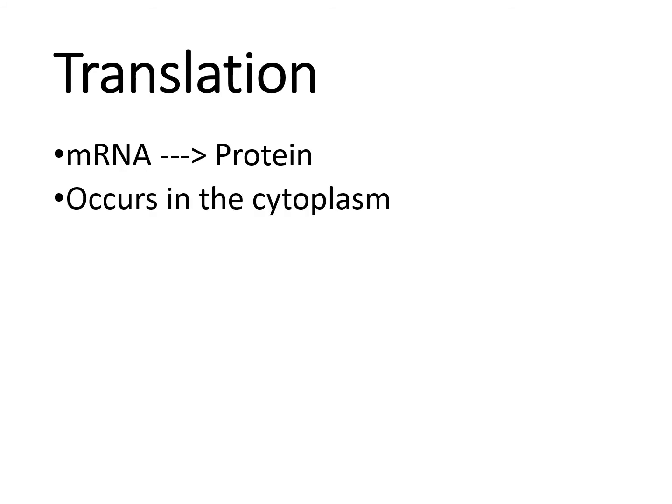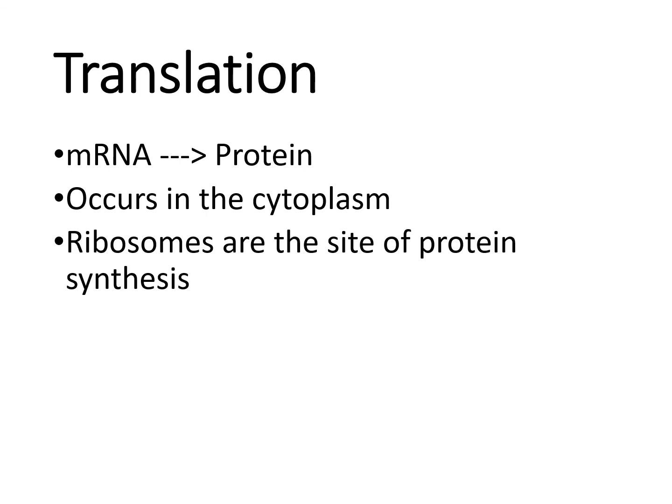Translation is the second process of gene expression, and this is where mRNA is used to produce the protein. This occurs in the cytoplasm of eukaryotic cells, and ribosomes are the main enzymatic complex that performs translation that forms the protein.